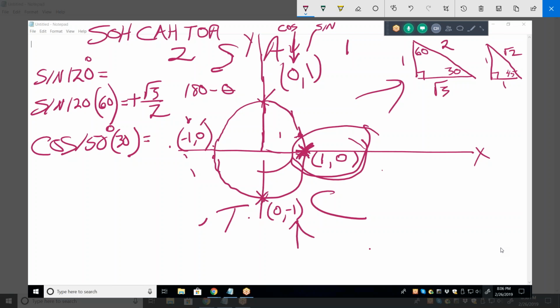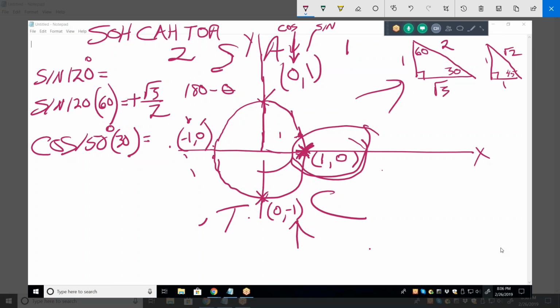You'll memorize these whether you're trying to or not. You're going to work with them often enough that you're going to see these numbers all over the place. Square root of 3 over 2, 1/2, square root of 3, 1 over square root of 2, square root of 2 over 2. These are all the common answers to these common angles. Okay. So what's the cosine of 30?